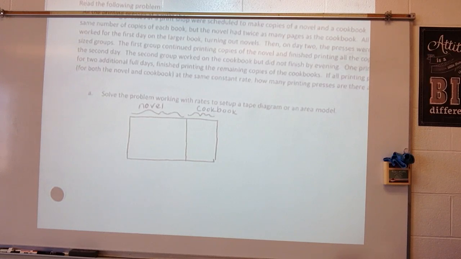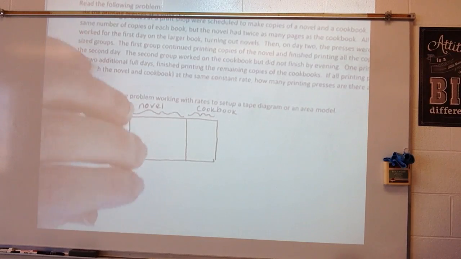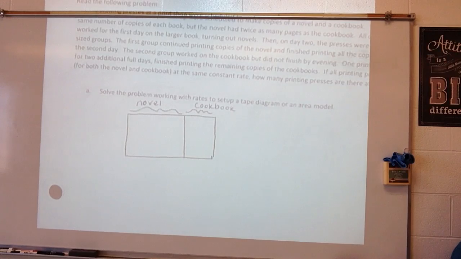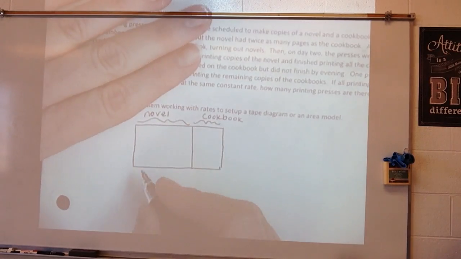Okay, so let's think about this for a second. On the first day, all the printing presses were used on printing copies of the novel. So on day 1, all printers were used.